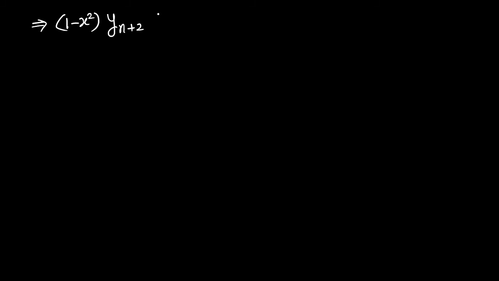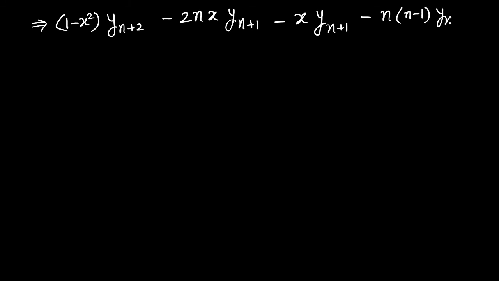Now the second term, yn plus 1 is minus 2nx yn plus 1. And the next term of yn plus 1 is minus x yn plus 1. Now the yn terms: minus n into n minus 1 yn minus n yn, its value equals 0.